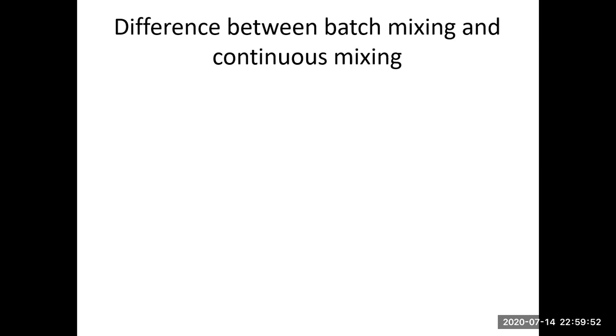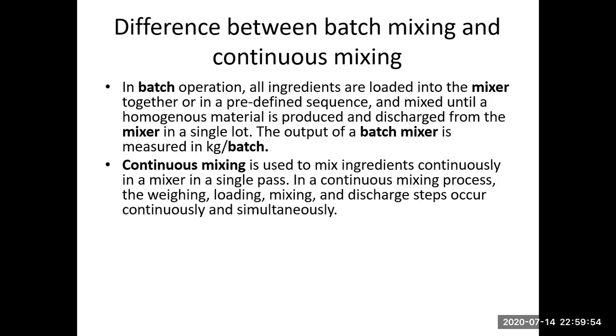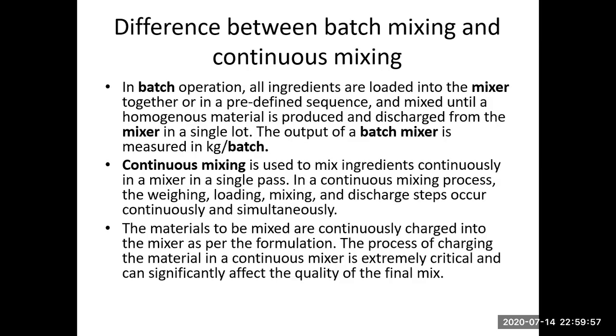But in case of continuous mixing, what happens? Continuous means production should go on continually. It is mainly used for 500 or 1000 cakes per day, or you can say per kilograms of cakes. Here your cakes will be produced continuously.